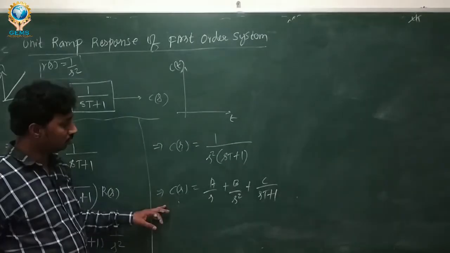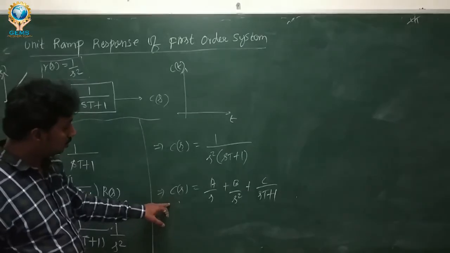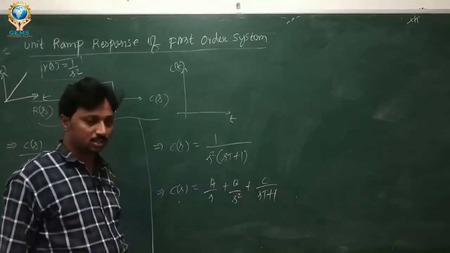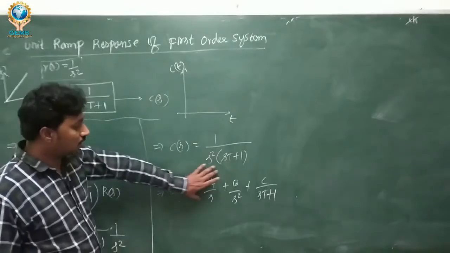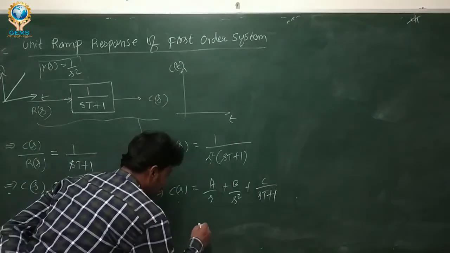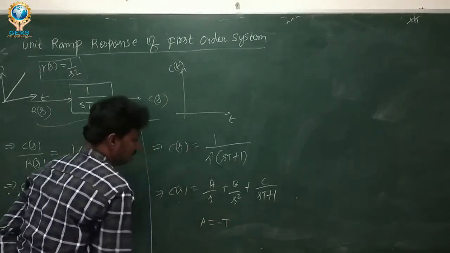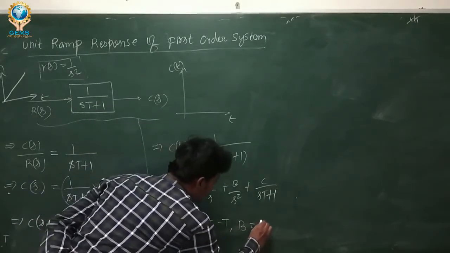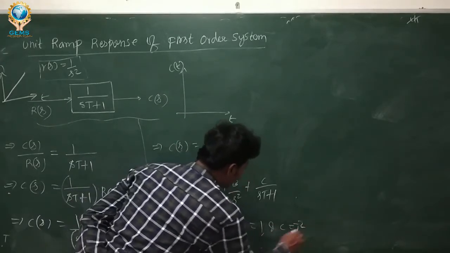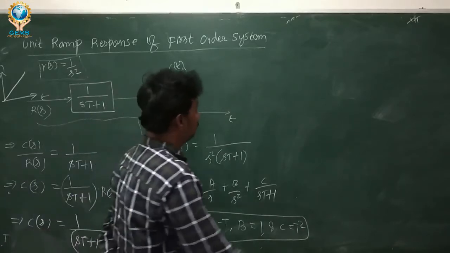You have to solve for the values of A, B, C. After solving the partial fraction, you will get A equal to minus T, B equal to 1, and C equal to T square.